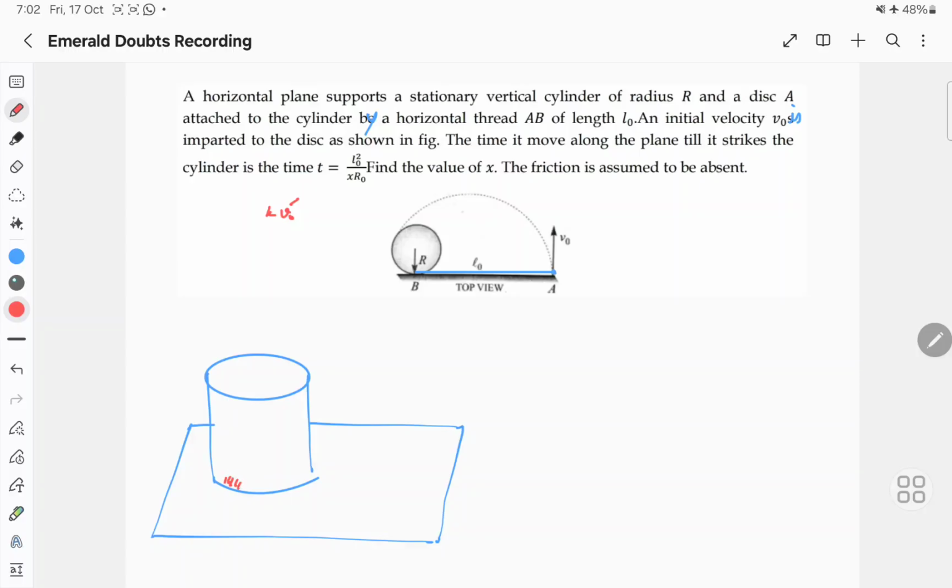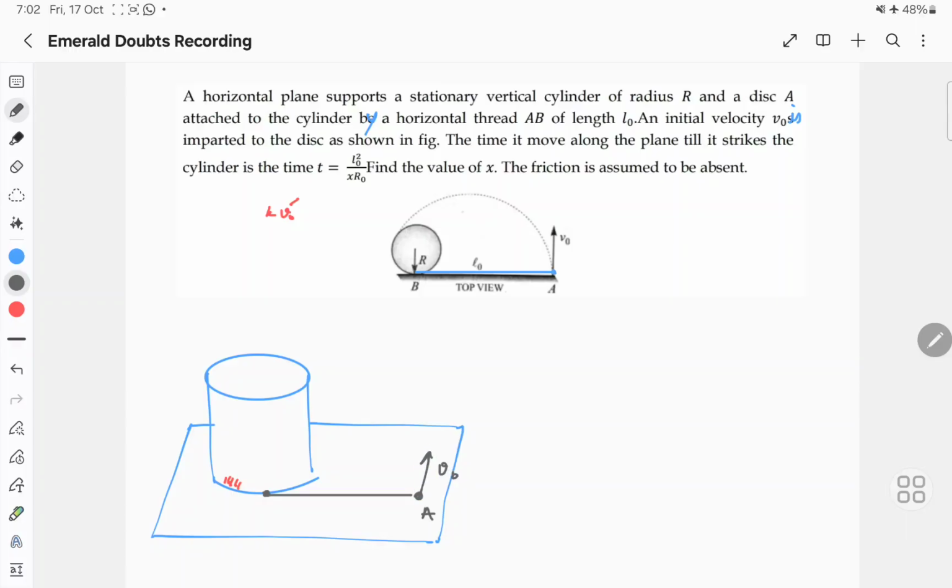It can't move. You have a thread, one end is attached to the cylinder, the other end is free, having a disc that is called A. It should be a point body, and it has a velocity initially.